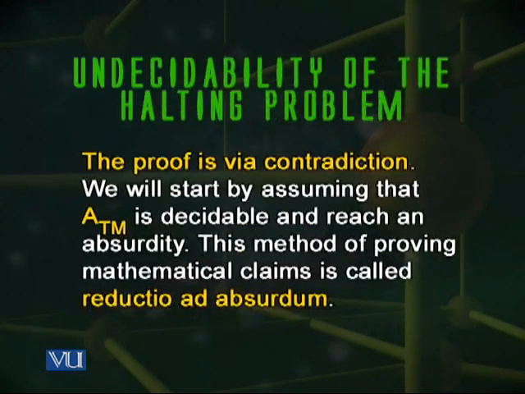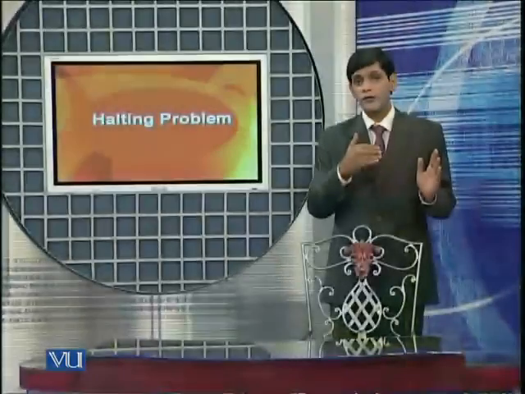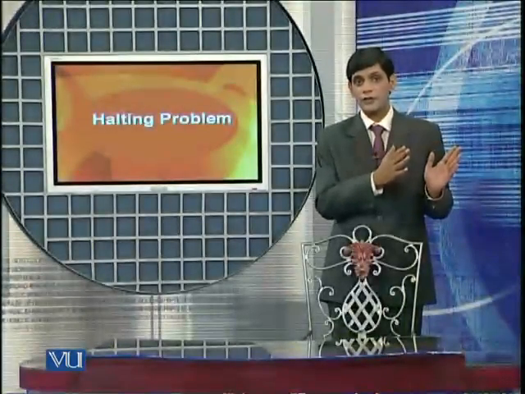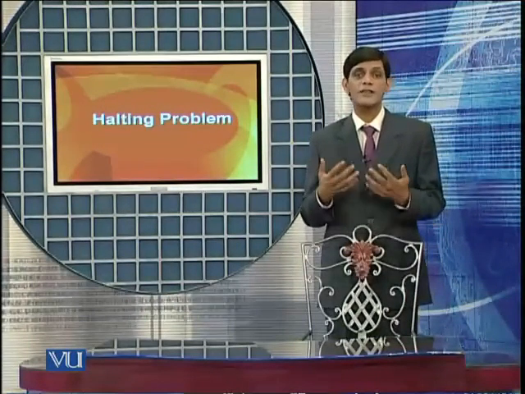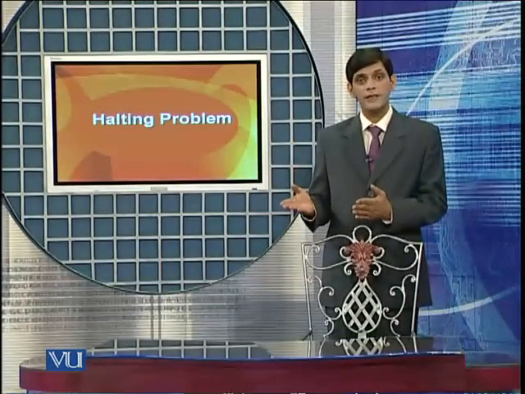The proof is going to be by contradiction. A proof by contradiction goes as follows. Suppose you want to prove that ATM is not decidable. So you assume the opposite, that is, you assume that ATM is decidable. And then you follow logical steps from that assumption and, after following a certain number of logical steps, you reach a logical absurdity.